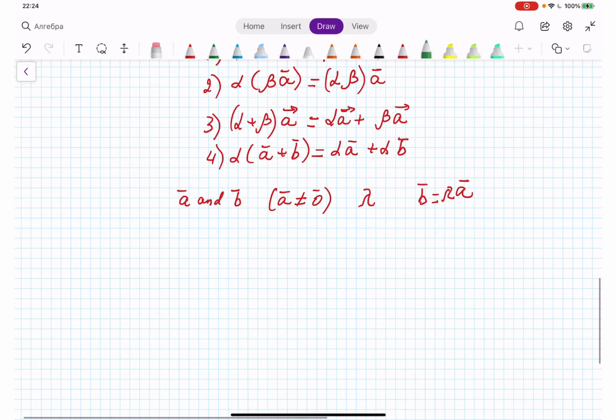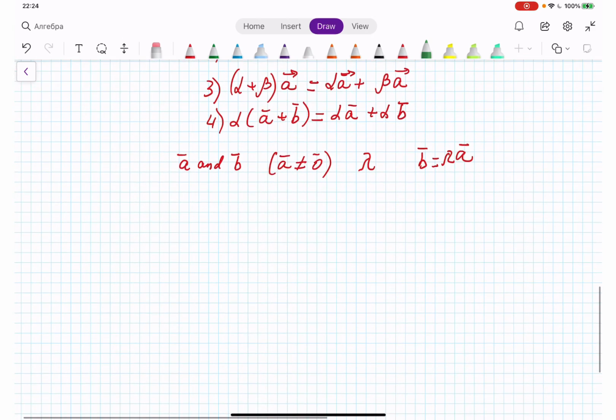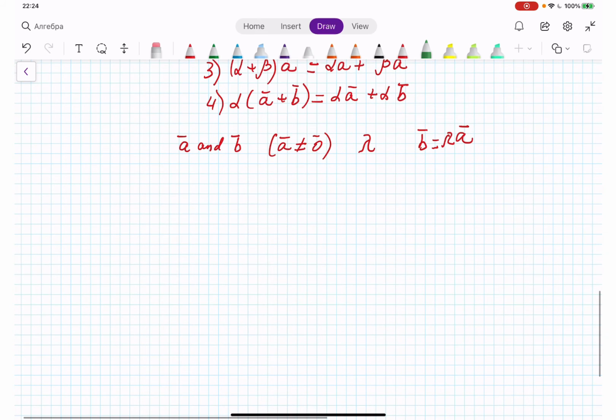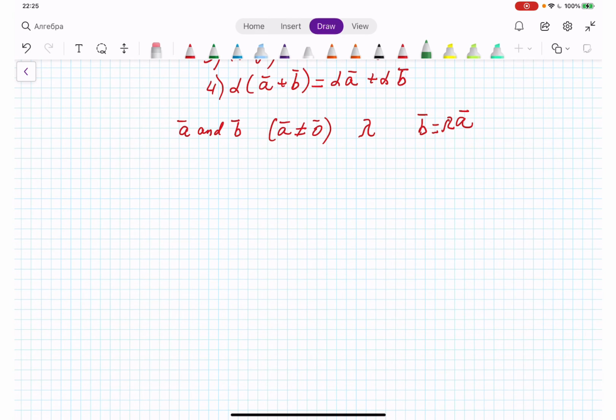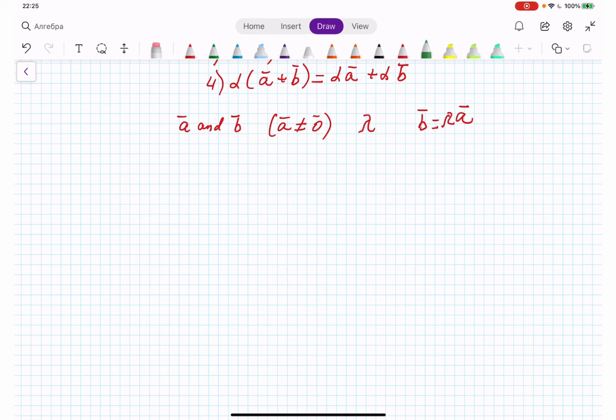Let's solve a couple of cases of adding, subtracting and multiplying vectors. So this is what we have. Example.